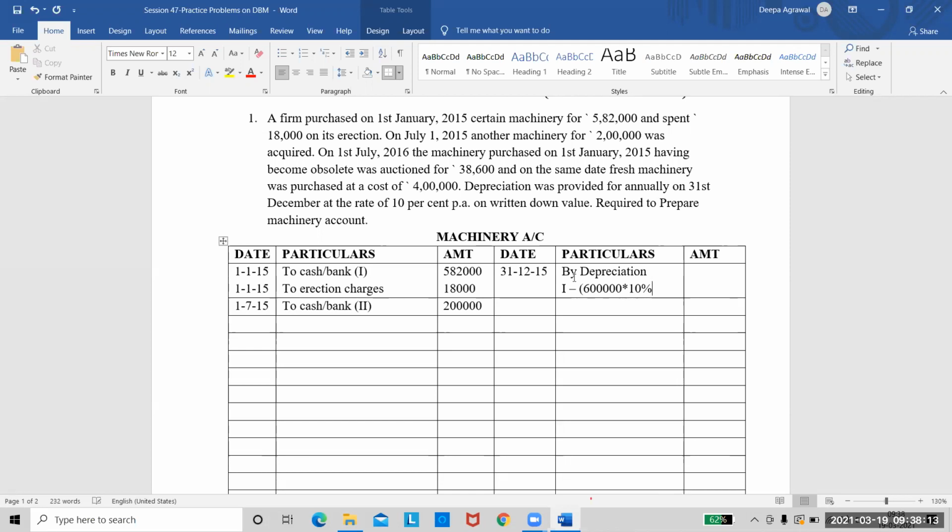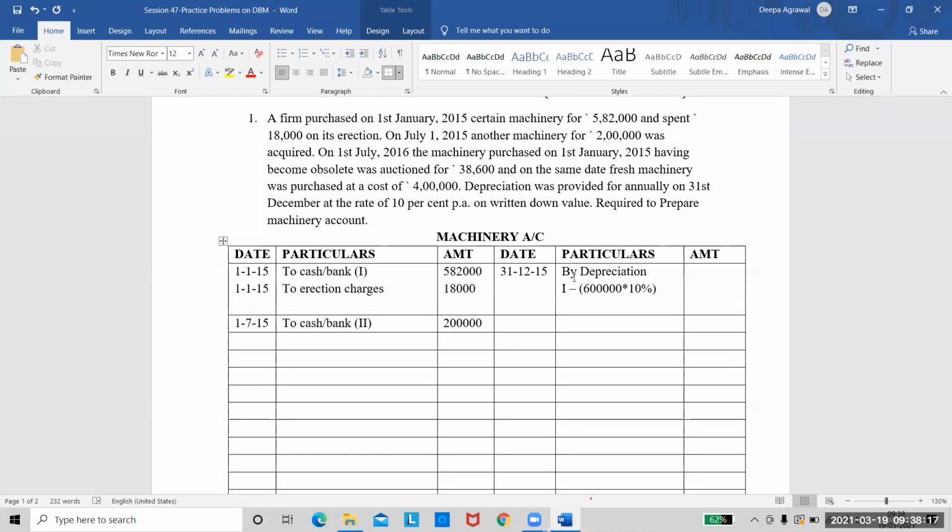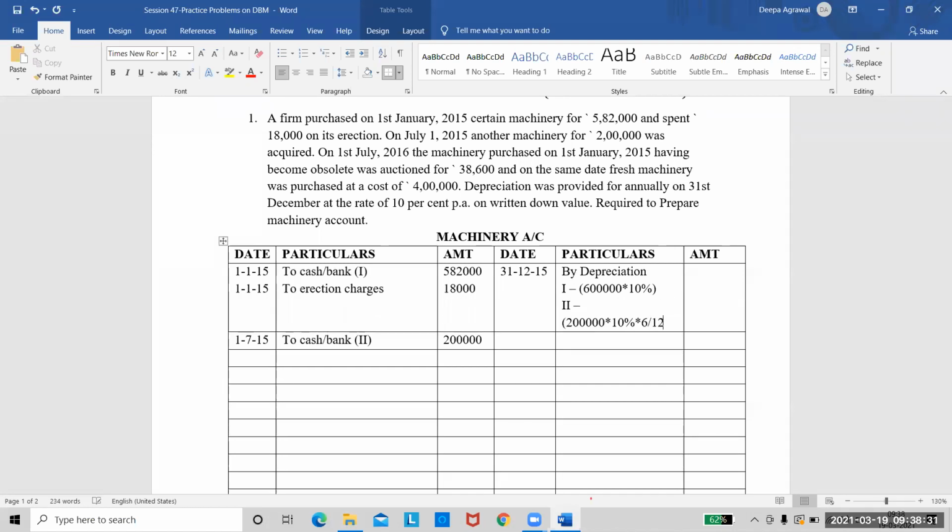For how many months should I provide? For the entire year, right? Because we purchased on 1st January itself. Now come to the second machinery. 2 lakhs into 10% into how many months? 6 months, because we purchased it on July 1st. Right? So I have written both the machineries.